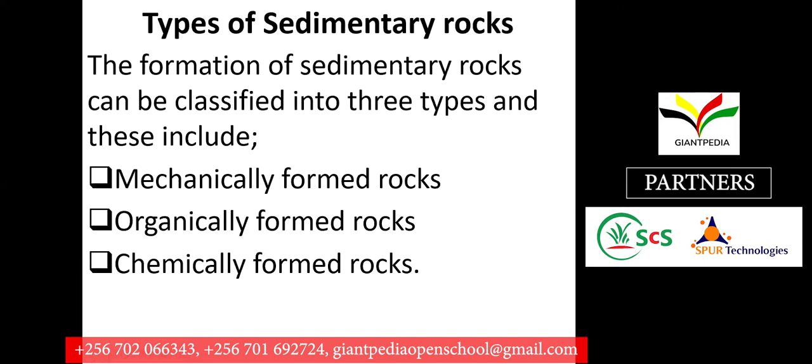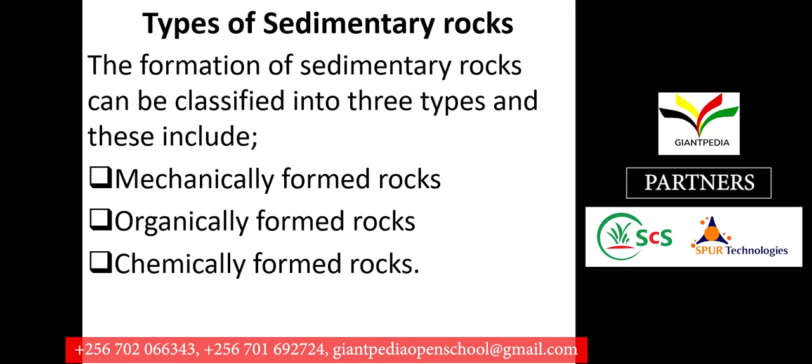Now we've looked at the 2 broad categories. Now the types. We have talked about the mechanically formed, the organically formed, and the chemically formed ones, because this is not pretty new. In your O level, you did something about rocks, and you hinted on this. Here it is just that you may need to go into slightly more detail.